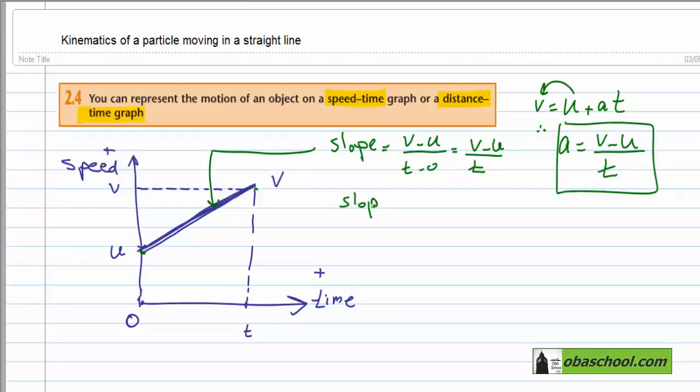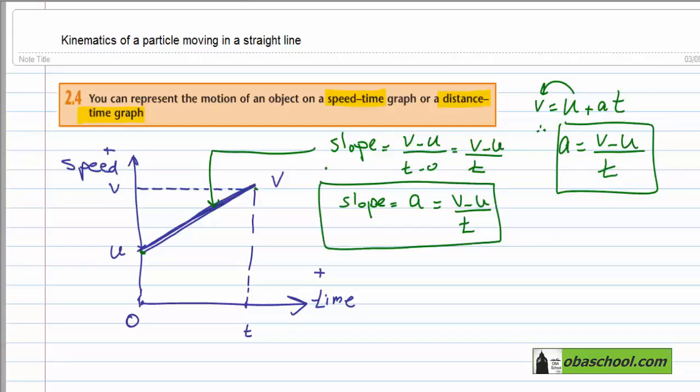Therefore, the slope of the speed-time line is equal to the uniform acceleration through time t, which is equal to v minus u divided by t. This is because the uniform acceleration is the change in velocity as a function of time. That's why the speed-time graph helps us find or illustrate the acceleration of the object too.